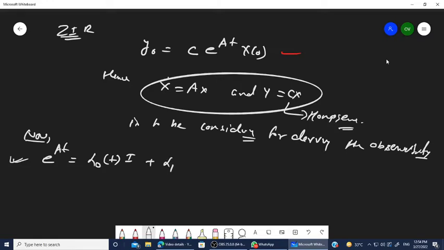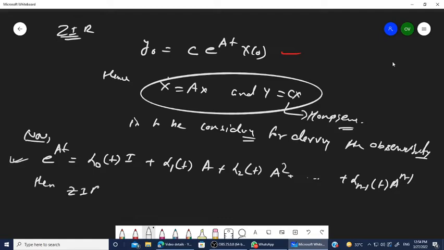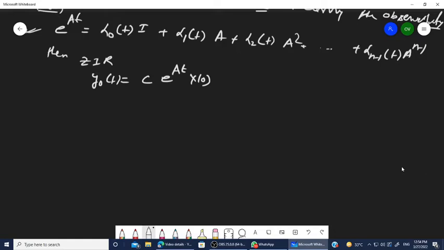Then your ZIR, the zero input response, is C e^(At) x0, where the input is 0. Then we have calculated the zero input response. So you just write α0 t.